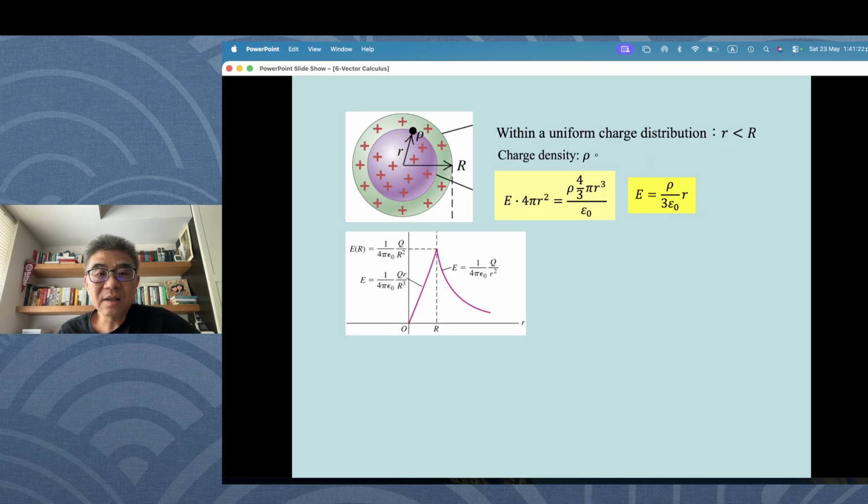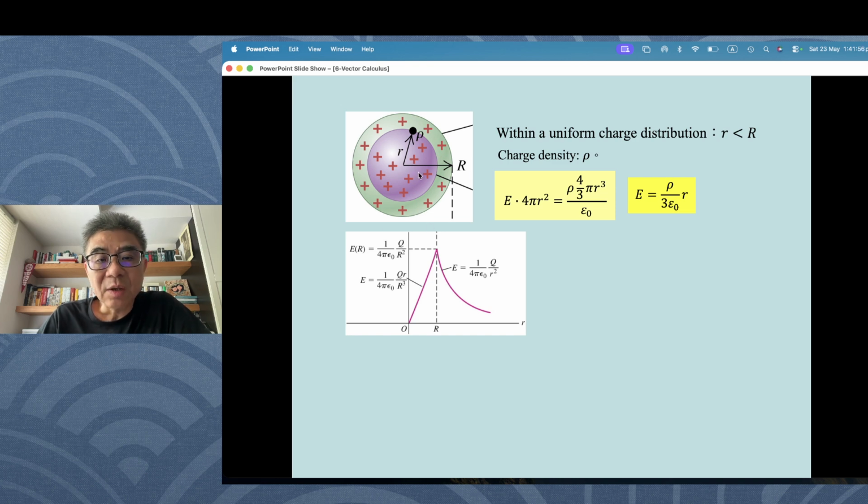Okay, as an example, before we take a break, I can calculate the divergence of an electric field inside a uniformly charged sphere. Remember, in general physics, Professor Liu has derived the electric field of a uniformly charged sphere.